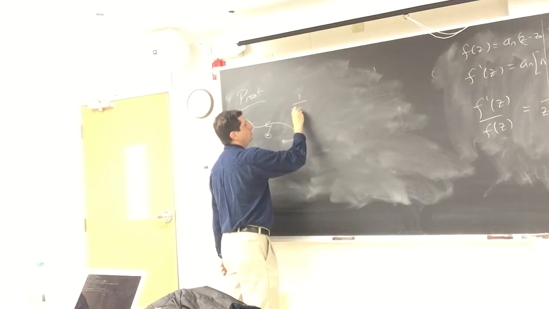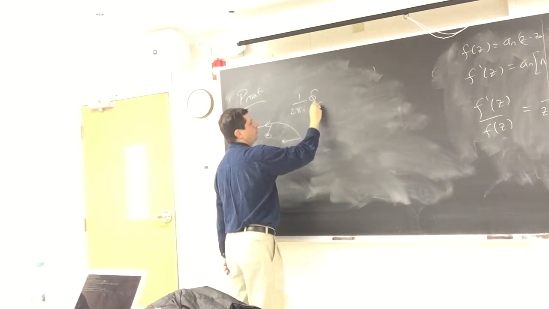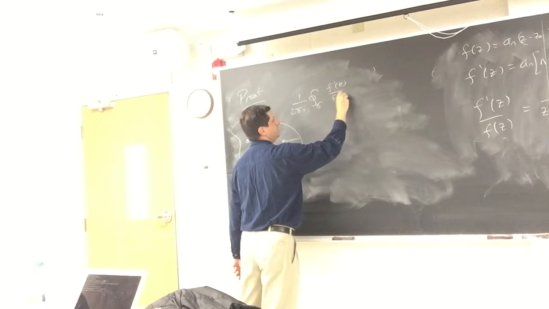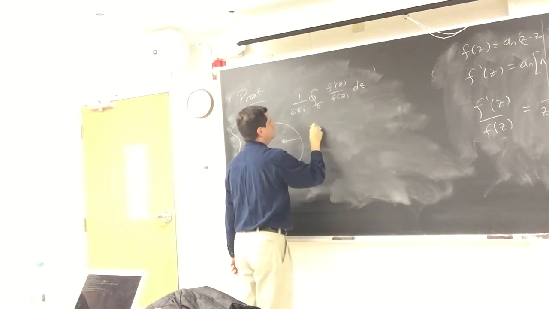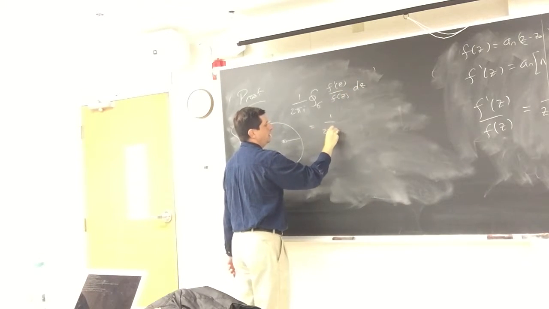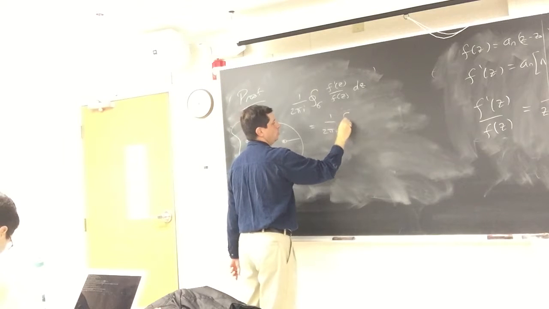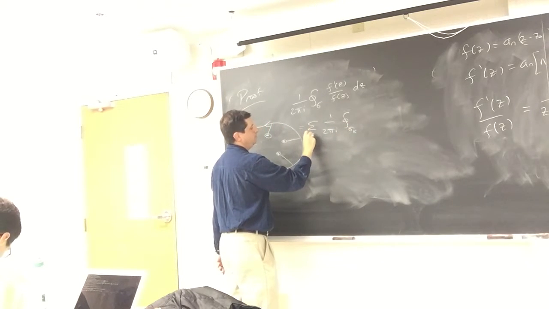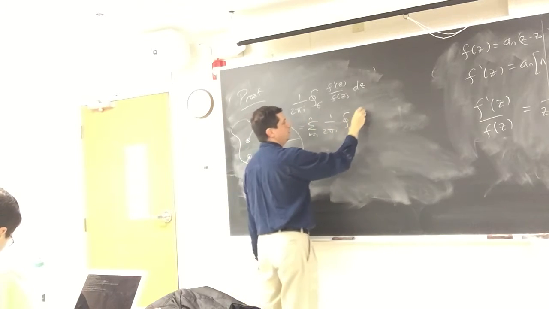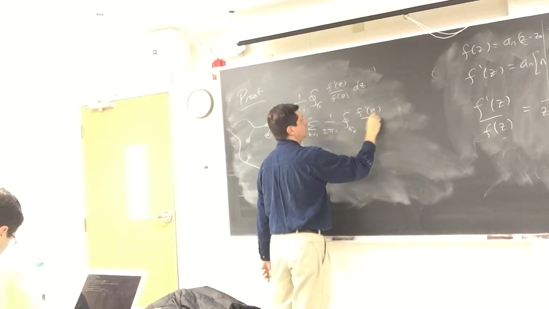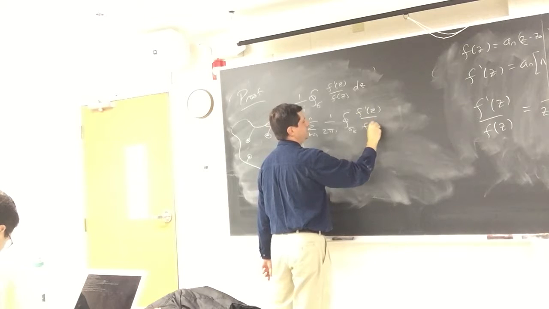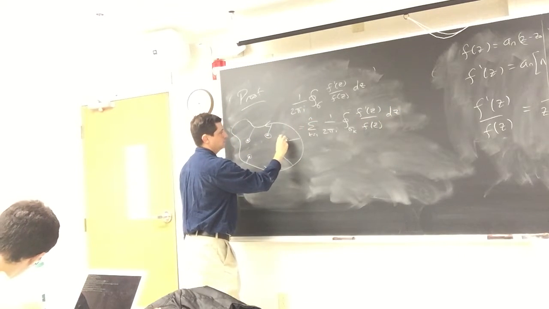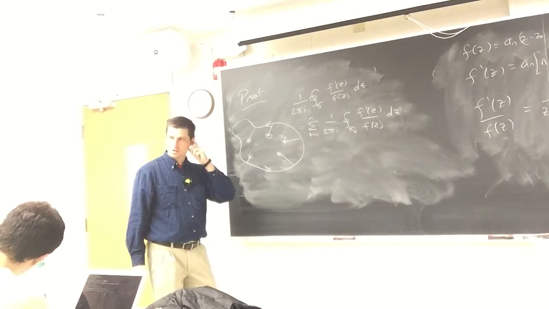and now you get that 1 over 2 pi i integral over gamma of f prime of z over f of z dz is equal to 1 over 2 pi i, the integral, we'll call it over gamma k, and we'll do a sum, k goes from 1 to n, of f prime of z over f of z dz, where we'll call gamma k the circle about each of these.